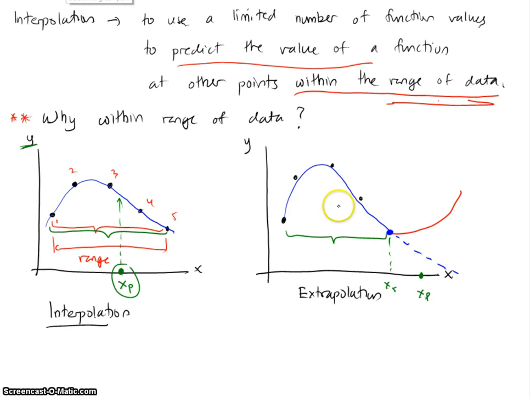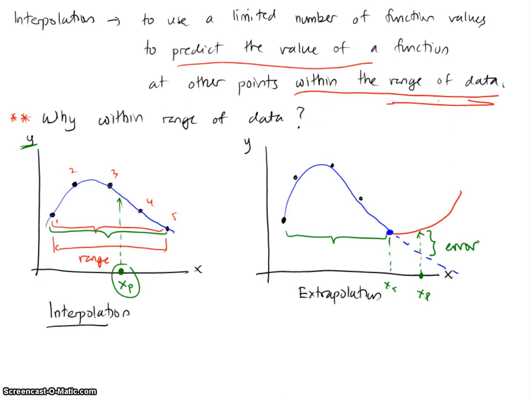So if you carry out your extrapolation, the error that you get here is going to be large. That is because when we do extrapolation, we are trying to use the points that we have to estimate what goes on beyond the points.